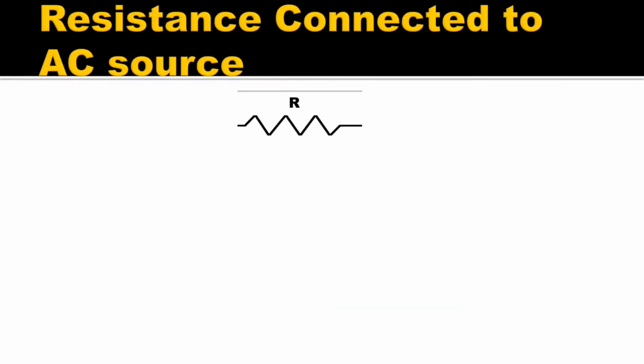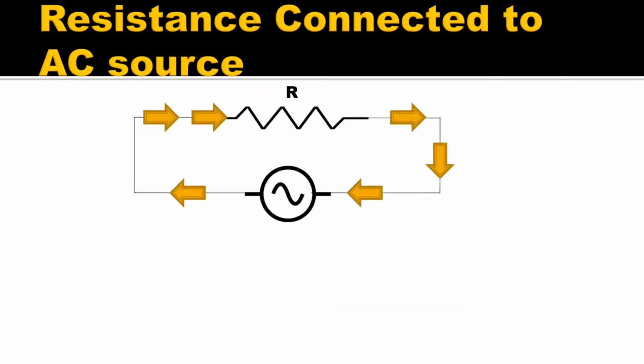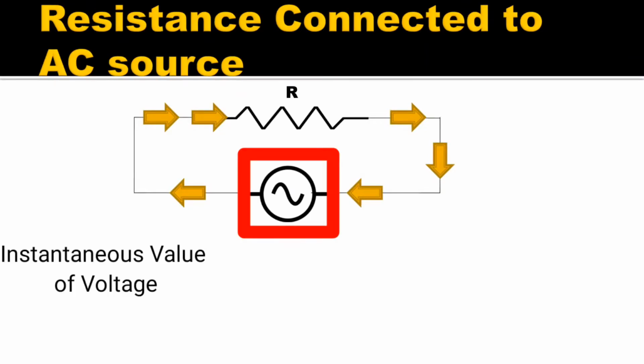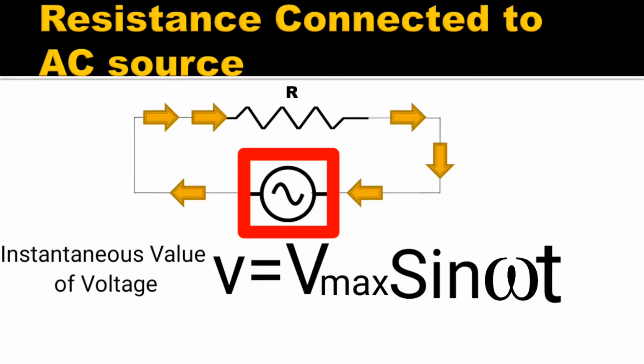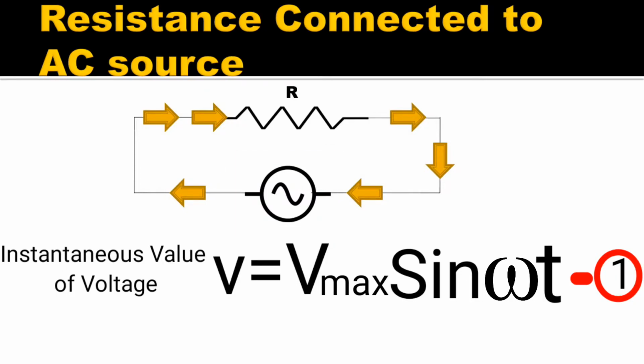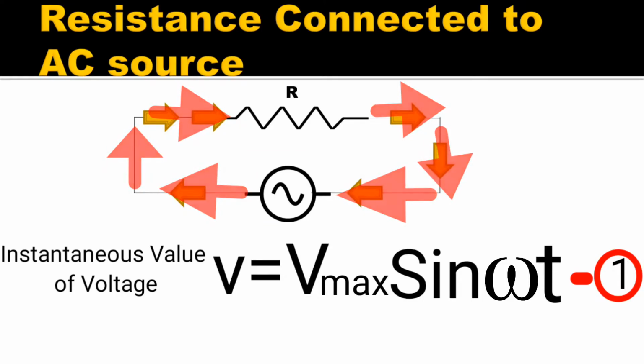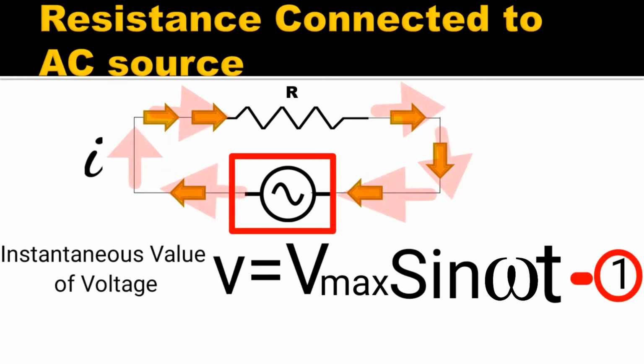Consider a resistance connected to an AC source with an instantaneous value of voltage v = Vmax sin ωt. Consider it as equation 1. By applying the voltage, current flows through the resistive circuit.